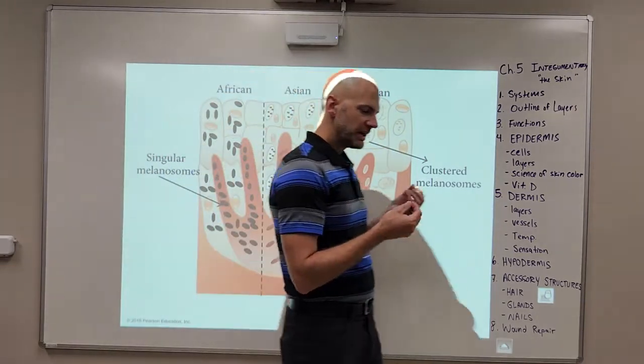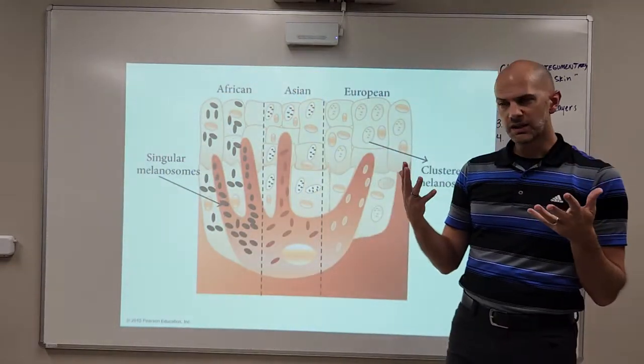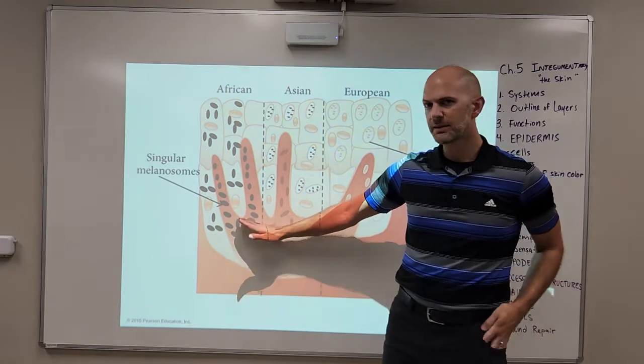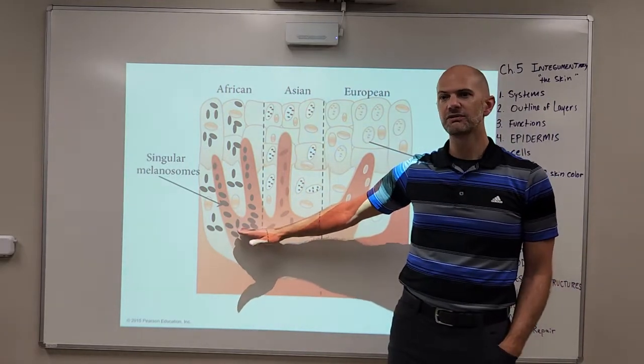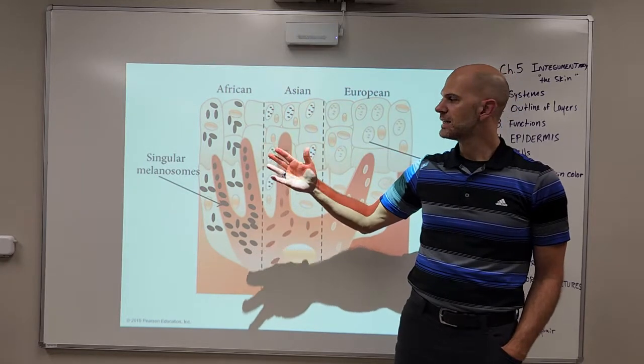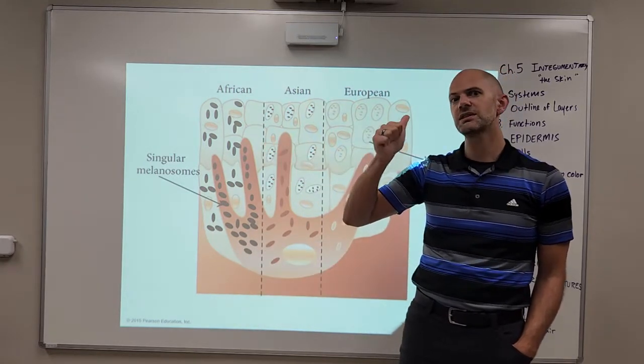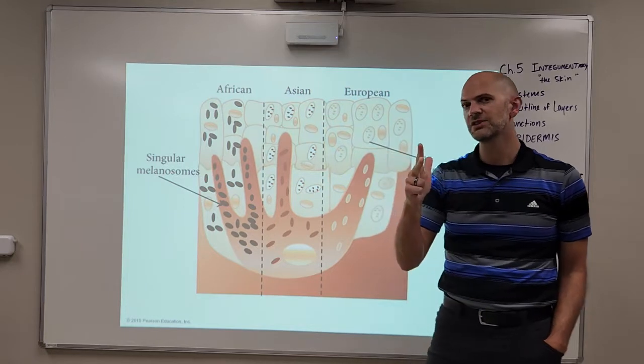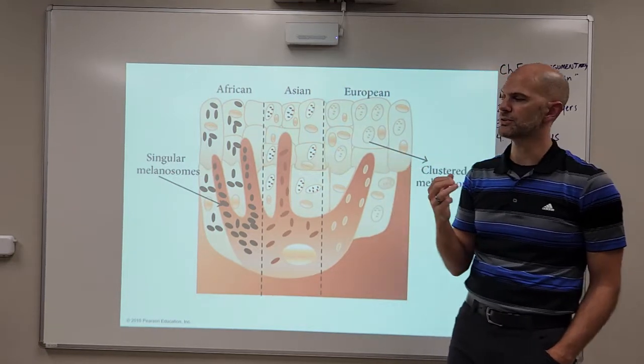So, what explains the diversity of skin color? It's not just that darker skinned people have melanin and the rest of the people don't. It's the type of cells, it's the number of cells, it's the number of melanosomes, and it's the type of melanin that is produced.